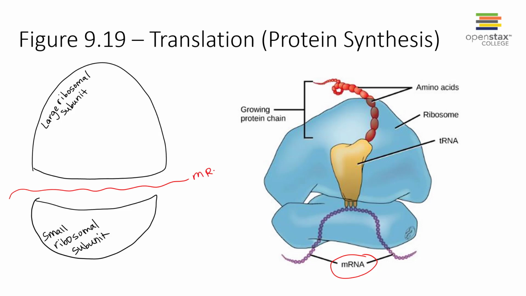The mRNA transcript that we made during transcription would be in between the two subunits, sort of like making a sandwich using the mRNA as the meat in the middle. So now we know that the mRNA is composed of codons. Every three, we'll just make them little zipper notches. Every three notches on the mRNA, those are referred to as a codon.